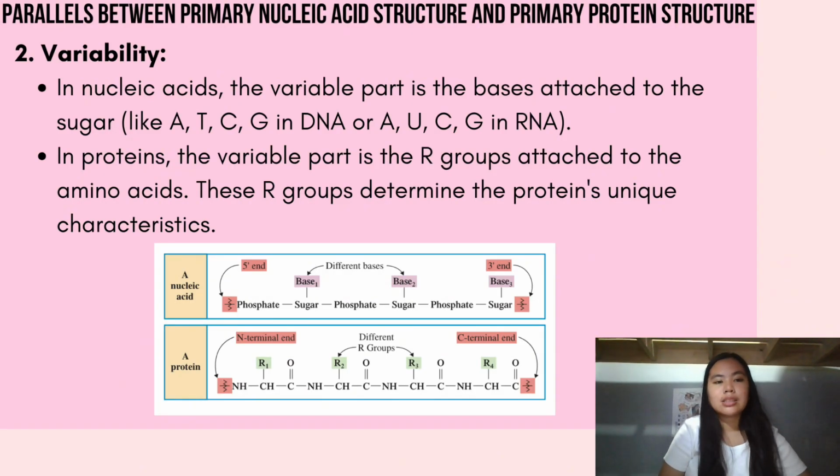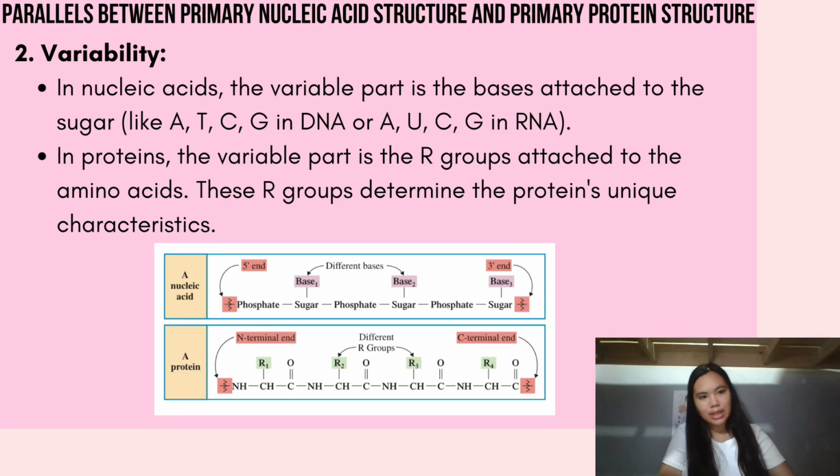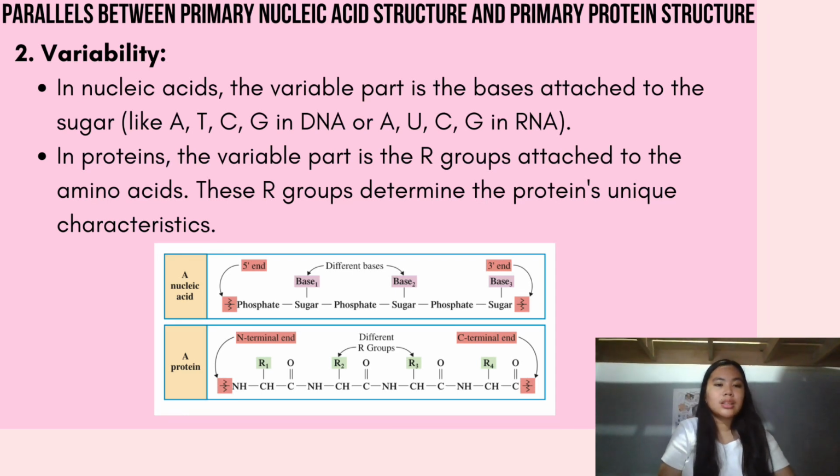In nucleic acids, the variable part is the bases attached to the sugar, like adenine, thymine, cytosine, guanine in DNA, and adenine, uracil, cytosine, guanine in RNA. In proteins, the variable part is the R groups attached to the amino acids. This R group determines the protein's unique characteristic.